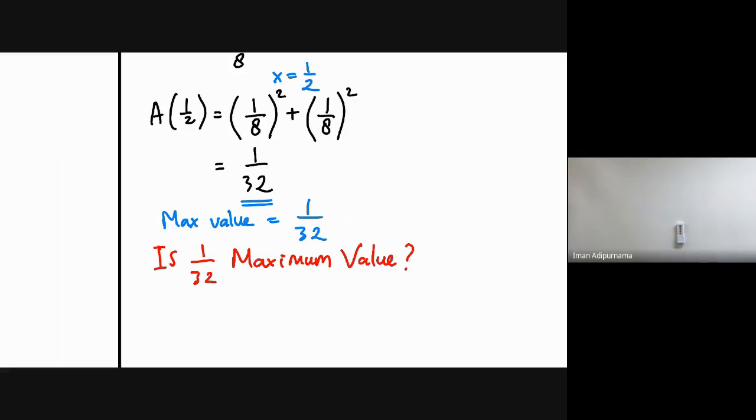Do you agree this is the maximum value, 1 over 32? This is sometimes, okay. Students in math, calculus or any mathematical problems, they usually try to learn the math or calculus chapter by chapter.